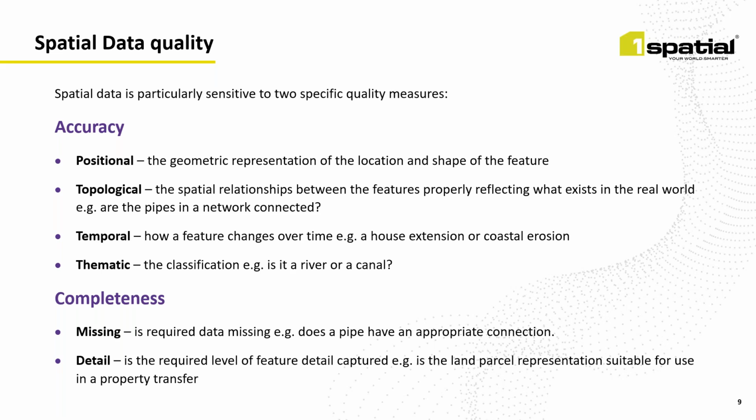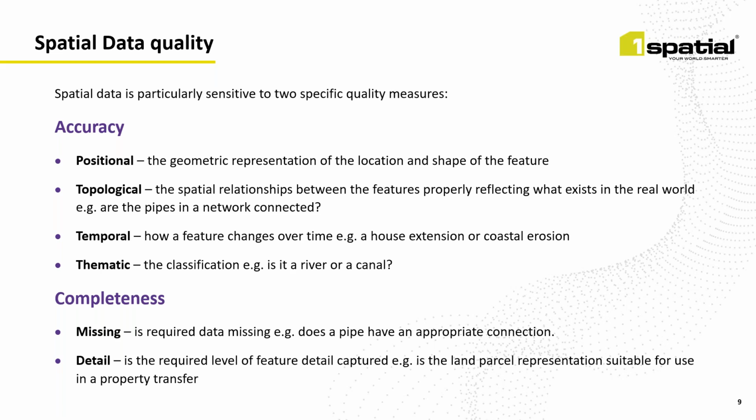Things like coastal erosion as well, a really good example of that. We need to make sure that when we're using this data for analysis, we're using the most accurate and up-to-date information. And thematic, so things like the attribution that describes the particular features within our data set, we need to make sure that's correct.